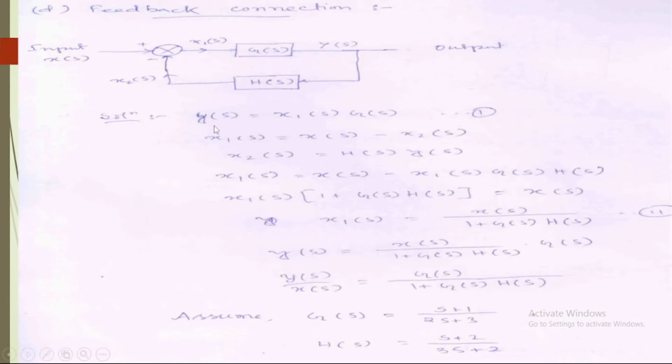Okay, next connection is the feedback connection. You see here the input is first applied to a summing point. This point is called the summing point. The symbolic representation of the summing point is like this: here plus and this one minus. Then one block is Z of s, and another block is H of s.